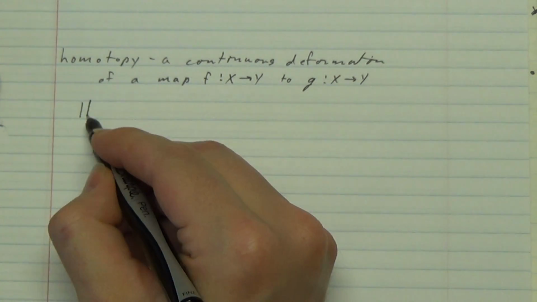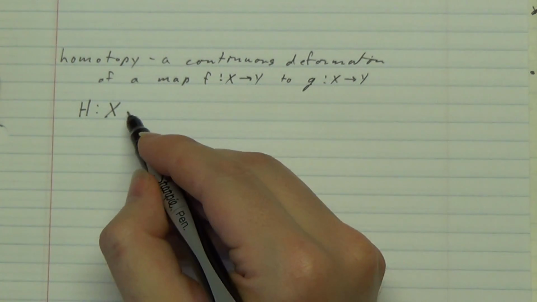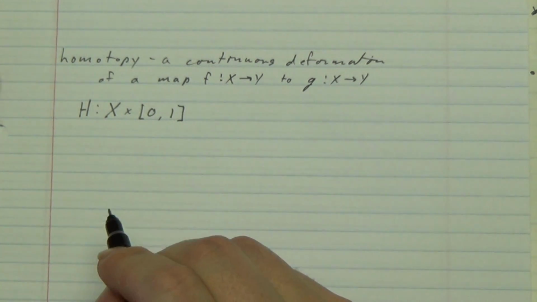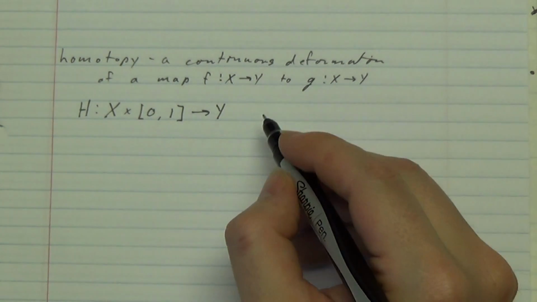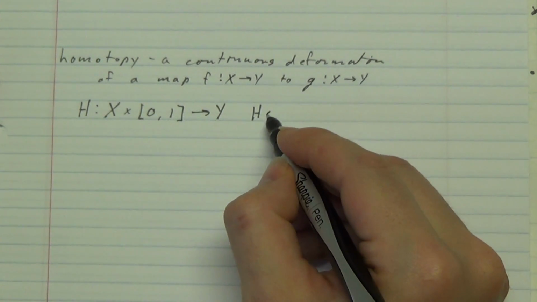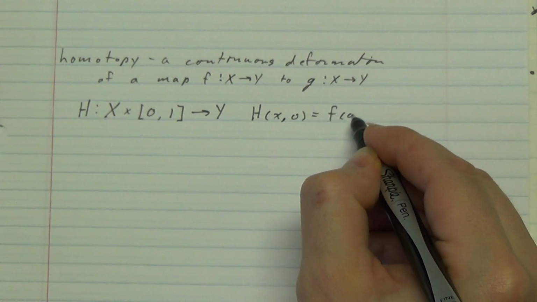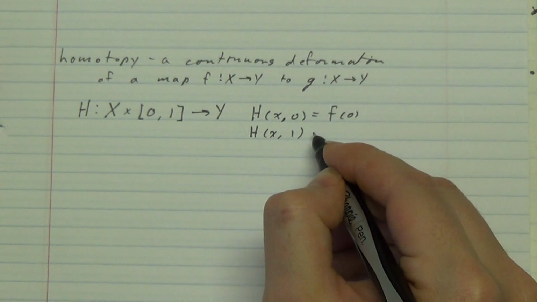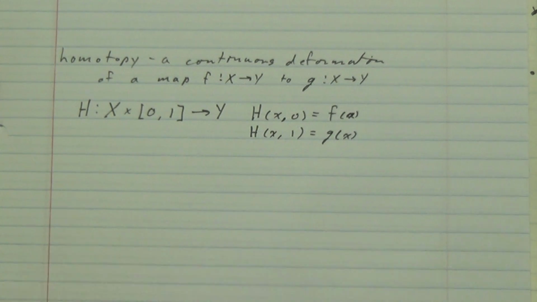We can write this as a single function from the first space cross an interval that will define the endpoints of our deformation onto the second space Y, and require that H be continuous in both variables, and that H agrees with F at one endpoint of this interval and agrees with G, F of X, G of X, at the other endpoint of that interval.